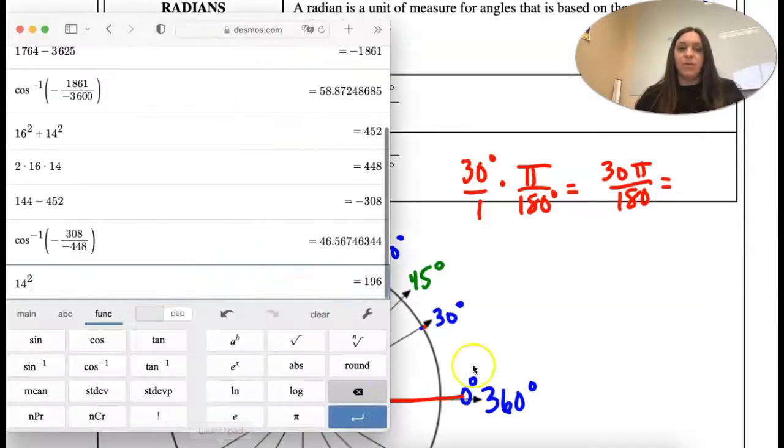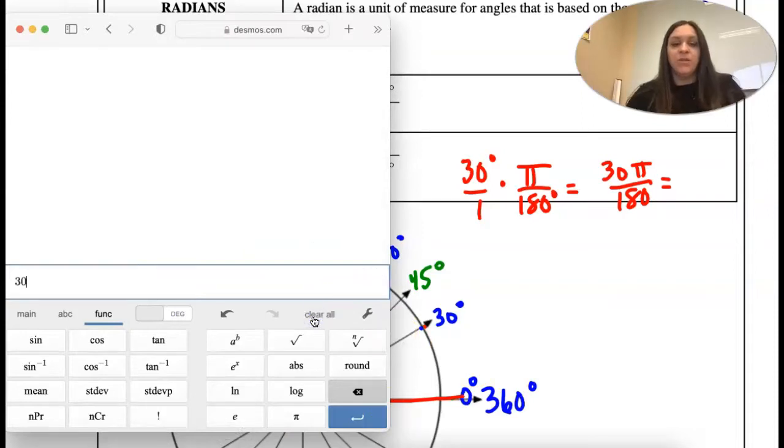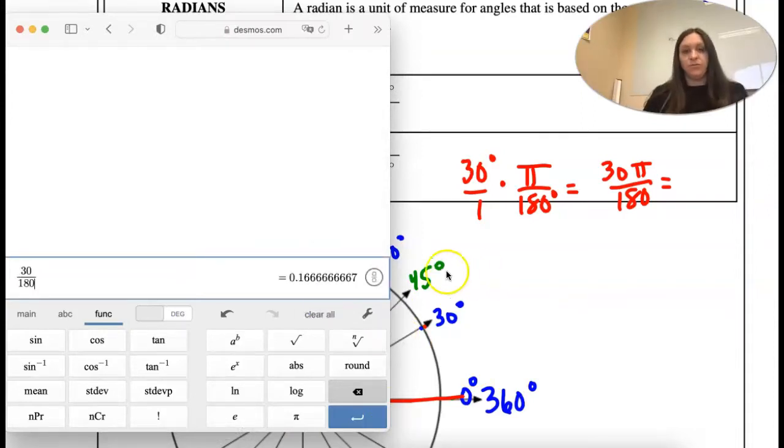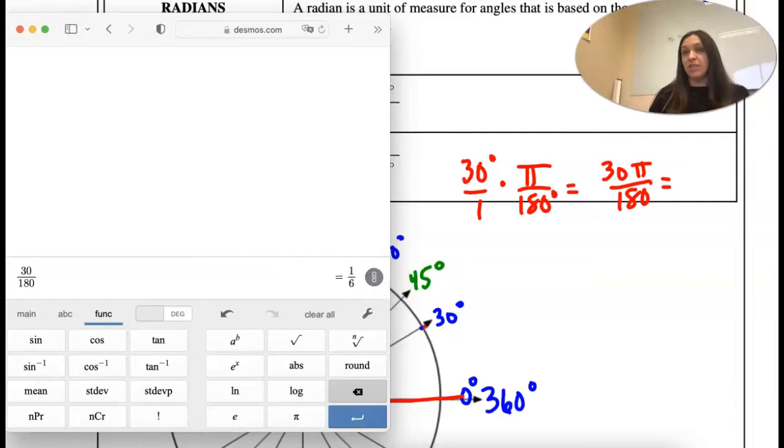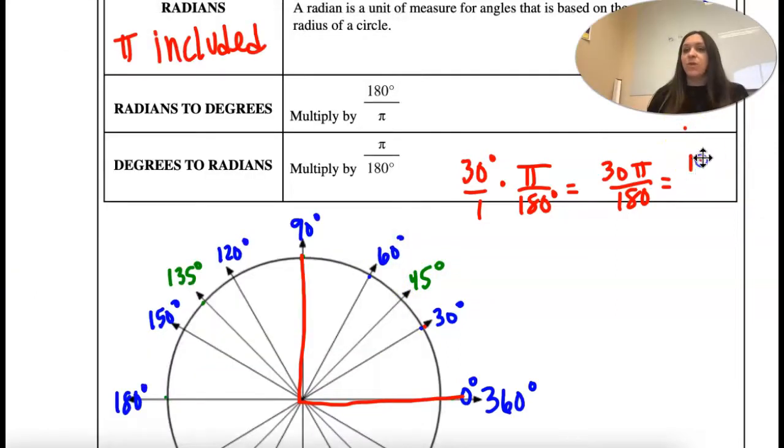Let me calculate it. 30 over 180 reduces to 1 over 6. So this would be 1 pi over 6, or just pi over 6. So 30 degrees is equivalent to pi over 6 radians.